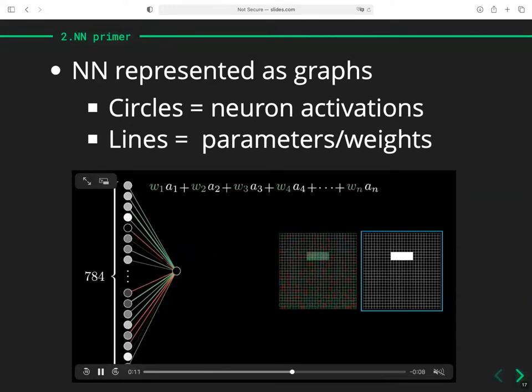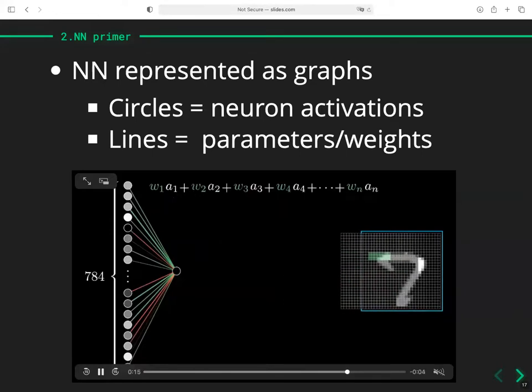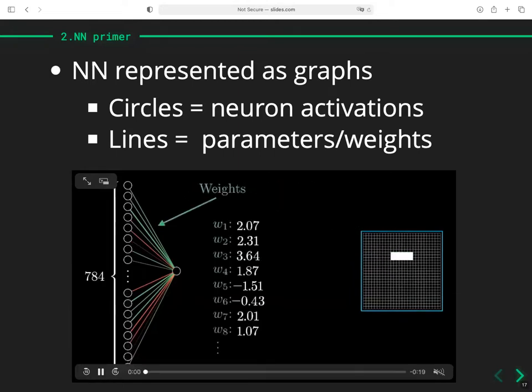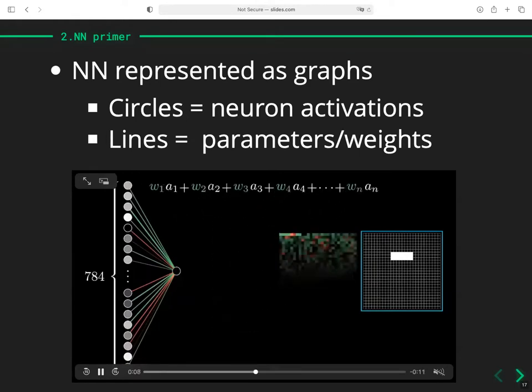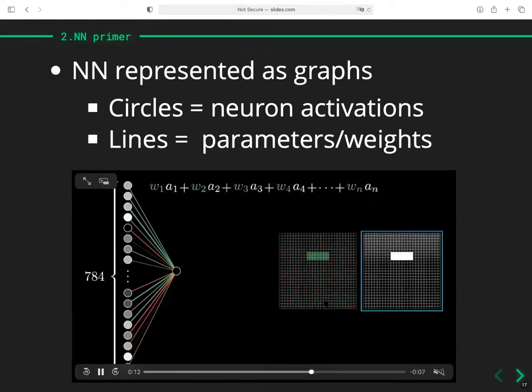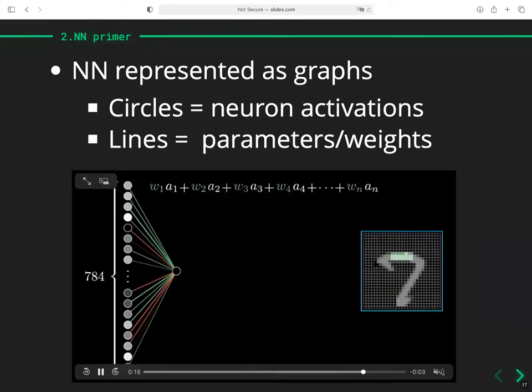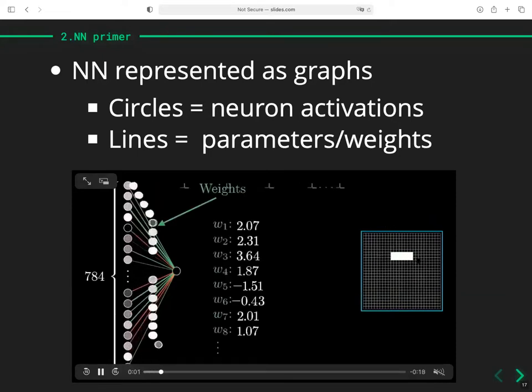If I join them together, the little a's, these are the values, and I multiply them by parameters w that are called weights. And I sum, this is exactly the convolution I was mentioning at the beginning. You get the multiplication of your image by another matrix that should appear here that has all these different possible green and red numbers, either positive or negative. And one instance of all these possible kernels is this horizontal bar that would detect a horizontal bar here at the center.